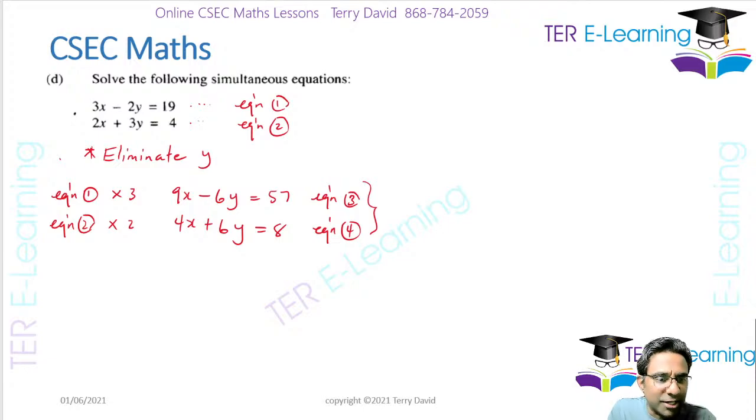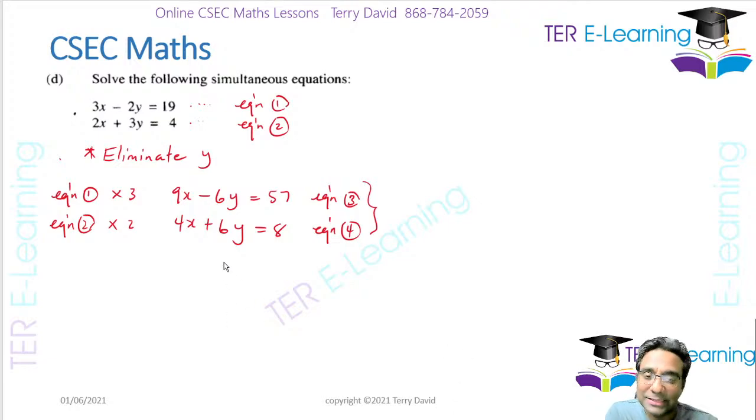So take a look at the chart, and I want to know, am I going to subtract or am I going to add the two equations in order to eliminate y? Right, so I see some of you saying add, some of you saying subtract, and some of you already worked out the answer. Sadiq worked it out already.